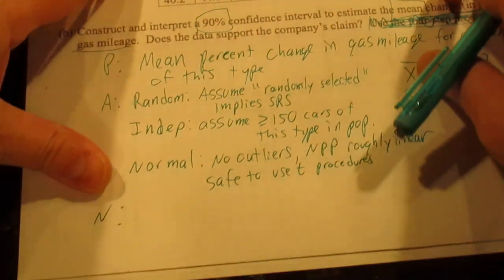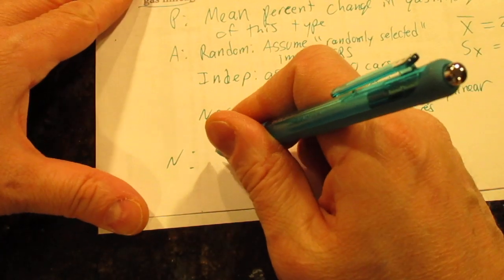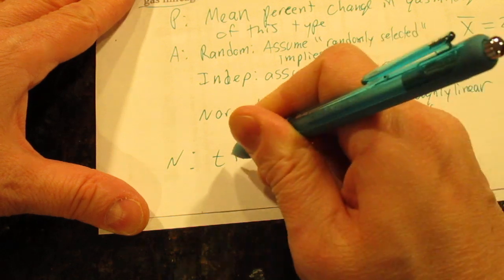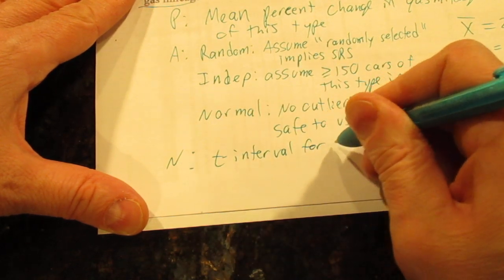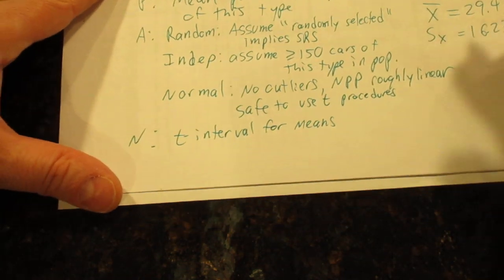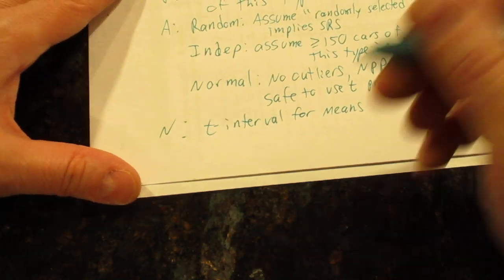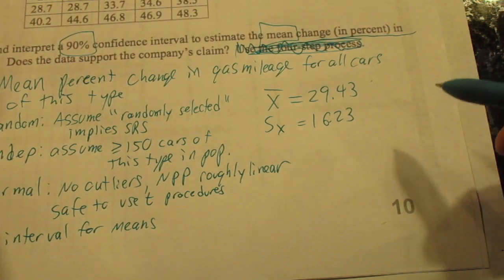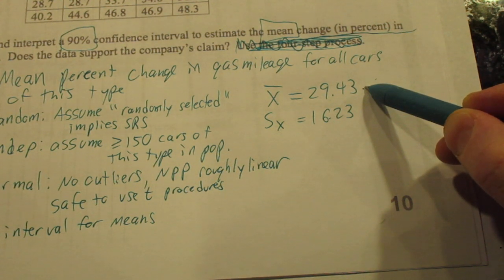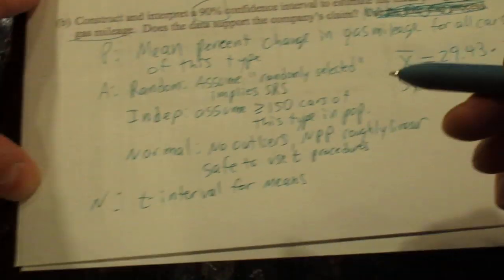So in this case, boom, I did all that stuff, but I'm not going to do that yet. I'm going to say I'm using a T interval for means. Great. I'm going to show the formula. It looks like we did need this number. I don't remember what it's called in the formula. Critical value, right?